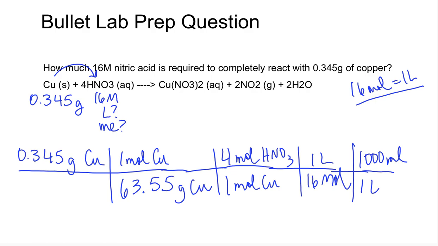So how many mils am I going to have to add to this tiny, tiny bullet casing? It's actually way smaller than an actual bullet casing, so your bullet casing will be well above 2 grams. But how many mils do I add? Sorry? 1.4 mils of nitric acid. Not very much, huh?